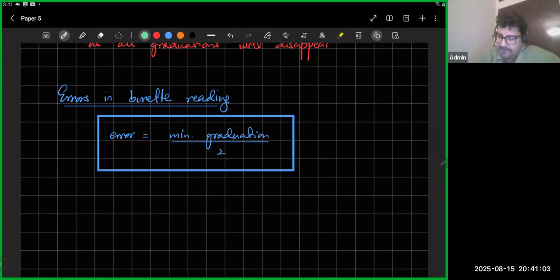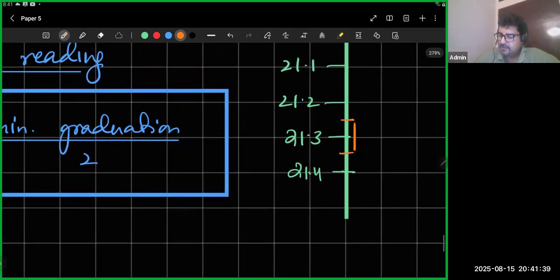The reason is, if I have, let's say, the side of a burette with graduations 21.1, then 21.2, then 21.3. If I've got a reading of 21.3, the trouble is that the value could be anywhere within half a graduation, any value in this range, that could be read as 21.3.